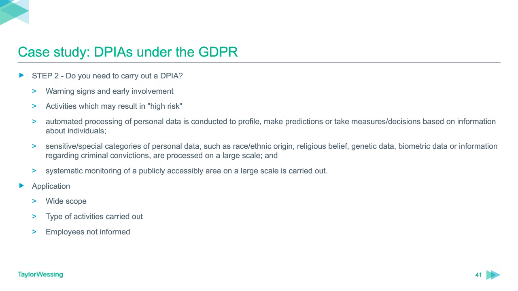And when you look at the scenario here, the planned HR tool ticks almost all these boxes and will almost certainly present a high risk to individuals. One, the tool is very wide in its scope and the type of activities carried out include processing special categories of personal data, because biometric data is processed when collecting fingerprints.